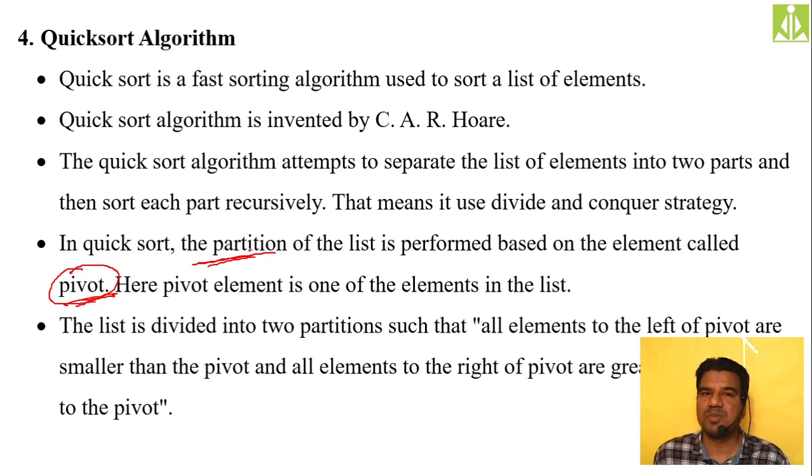The elements smaller than the pivot are shifted to the left side of the pivot, and the elements greater than the pivot are shifted to the right side. We do this recursively until your complete list becomes sorted.